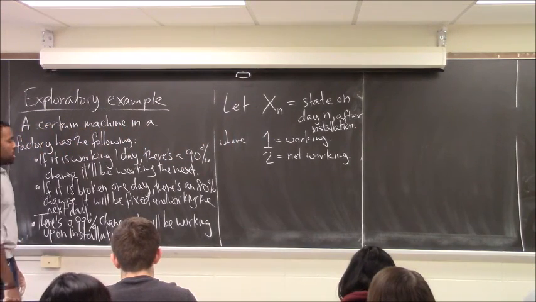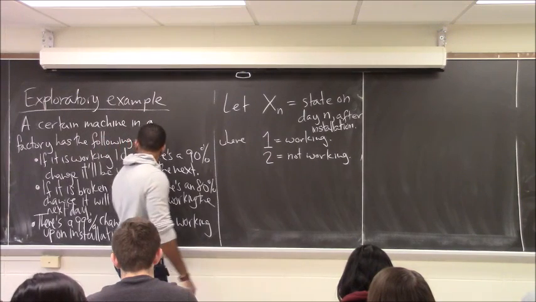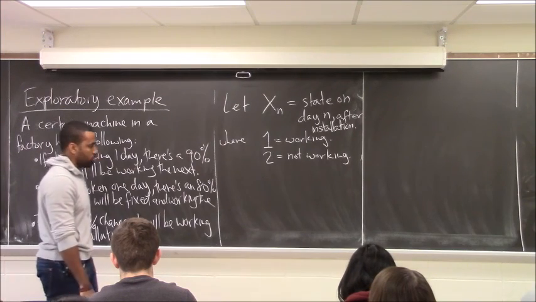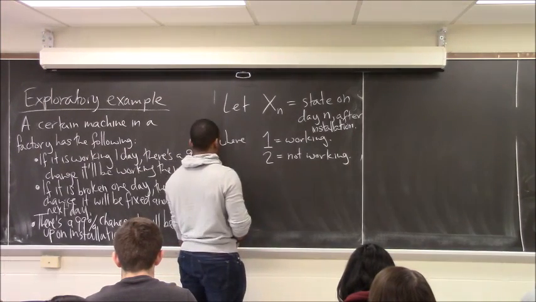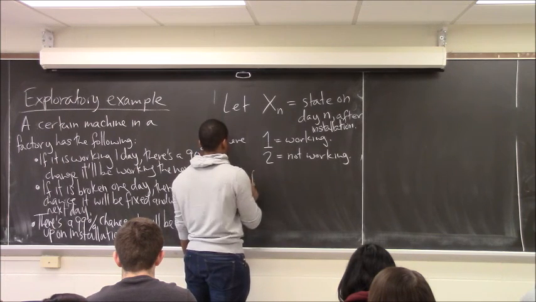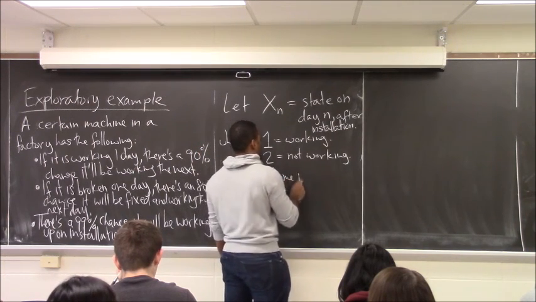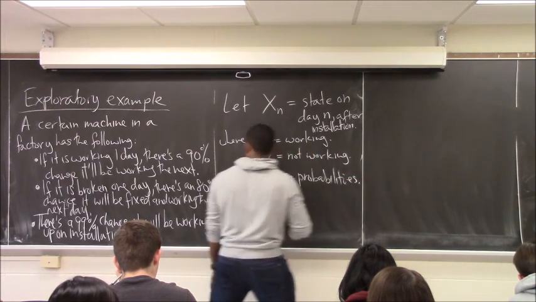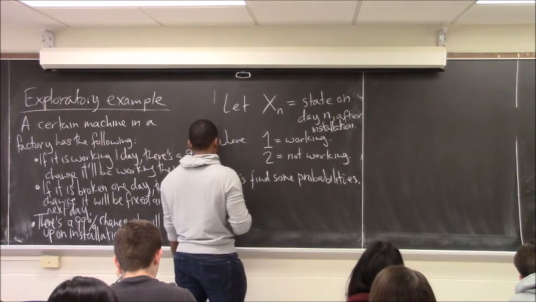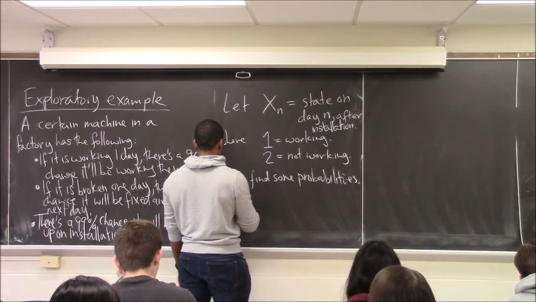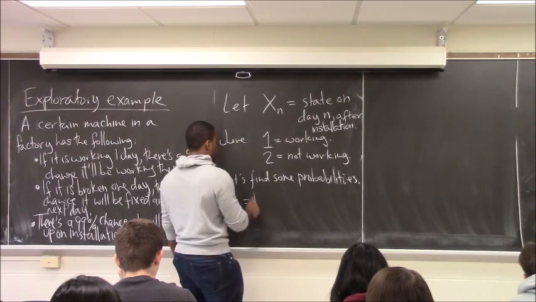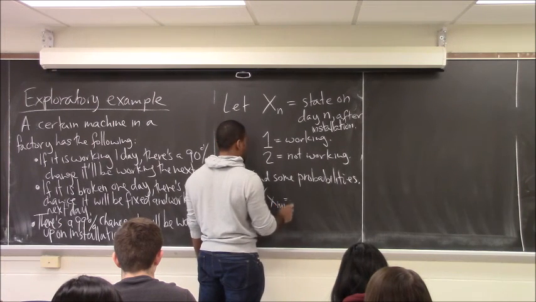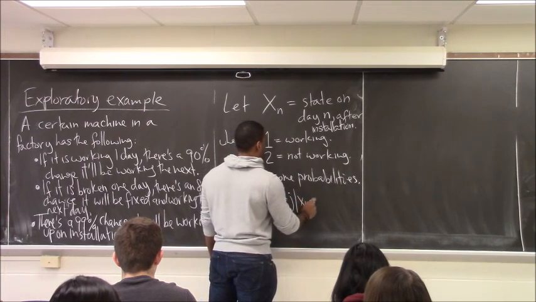So, let's actually find some probabilities here. And let me do a shorthand notation. P_ij is shorthand for the probability that X_(n+1) is j, given that X_n was i.